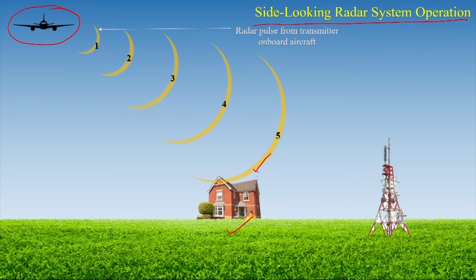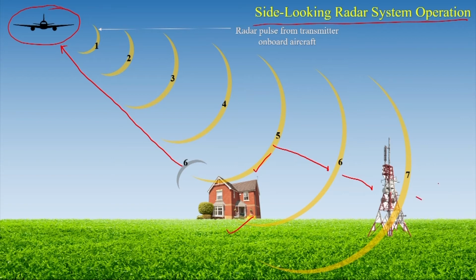So, the backscattered value will start traveling towards your sensor, and at the same time this transmitted energy will keep on traveling to your next target. Once it reaches this tower, it will again send back the next echo, right.